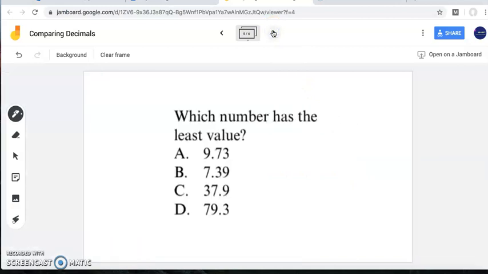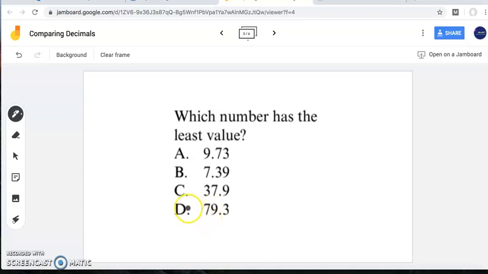Now looking at this problem, it's asking you which number has the least value. So we have 4 options here, and I'm still going to follow the same procedure, working from left to right. So I look at A and I see the digit in my ones place is a 9. The digit in my ones place for B is a 7. Now C, I notice I have ones and tens, so my whole number here is 37, and for D, my whole number is 79.